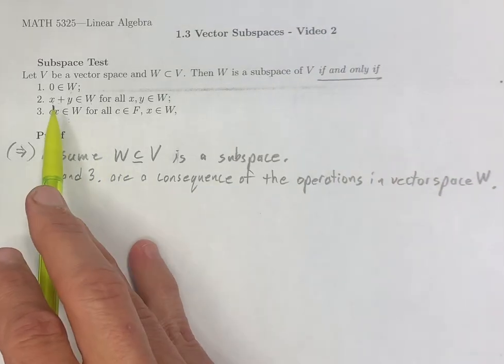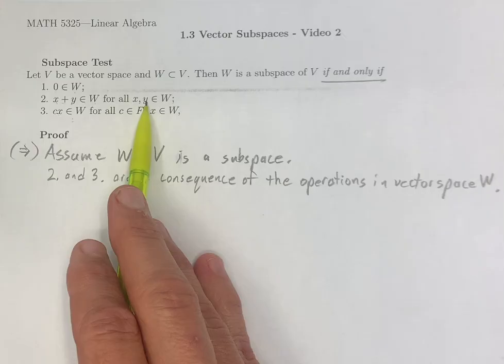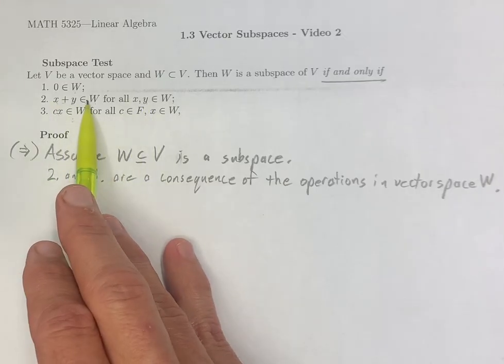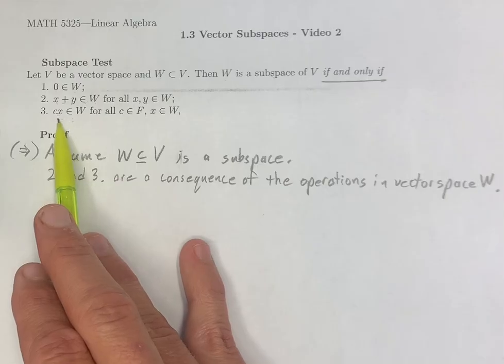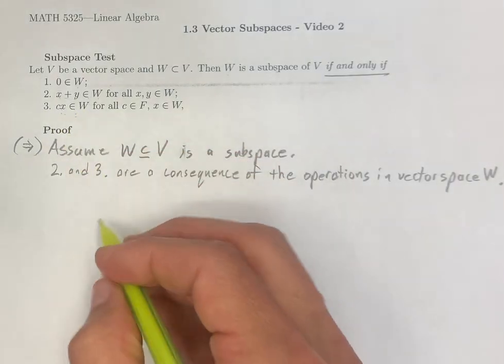So yes, for any vector space, if you choose two elements in it, their sum is in it. If you choose something in the field and something here, the scalar multiple is still in it.